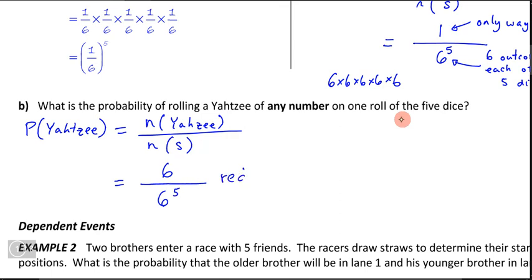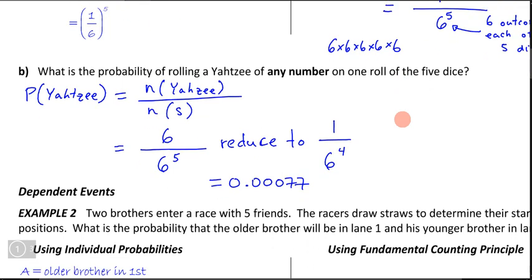We can reduce this fraction by dividing the top and the bottom by 6, so that I get 1 over 6 to the exponent 4. As a decimal, that's 0.00077. And that's the probability.